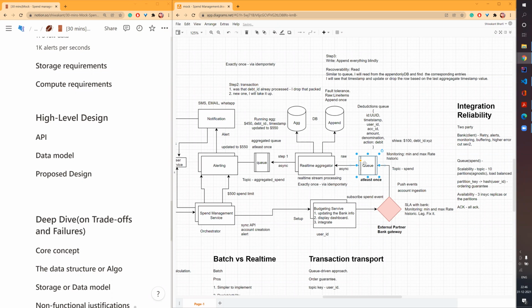Let's say I got a $100 event here, and it went to the real-time aggregator. What is it supposed to do? The main problem statement is that everything is at least once. How do we make it exactly once via some sort of model, maybe idempotency or whatever?